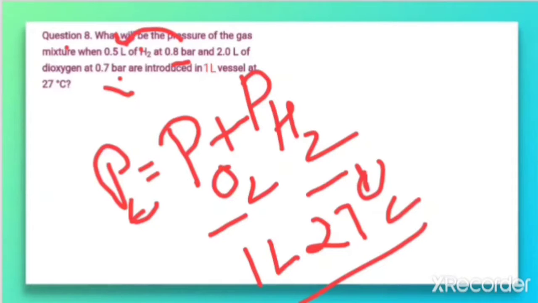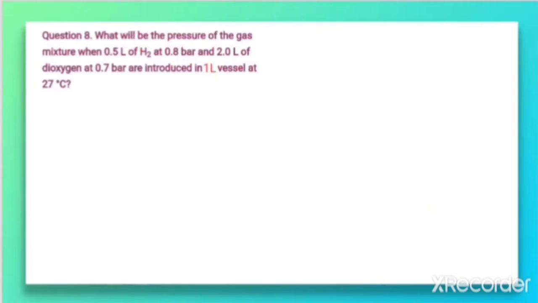Similarly, for dioxygen the pressure is given as 0.7 bar, which is the pressure when the volume is 2 liter. So first of all, we need to find the pressure of hydrogen and the pressure of oxygen at 1 liter. Only then can we substitute those pressures in this formula and make the sum to find P total. So first we have to find the pressure of hydrogen and the pressure of oxygen in the 1 liter vessel.